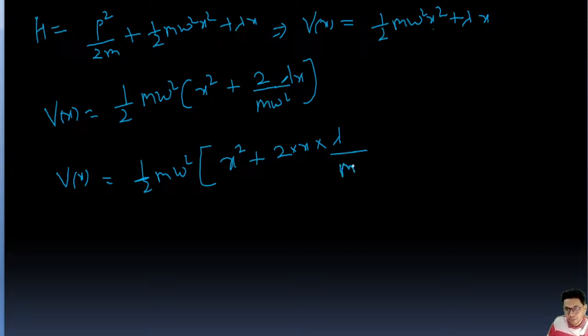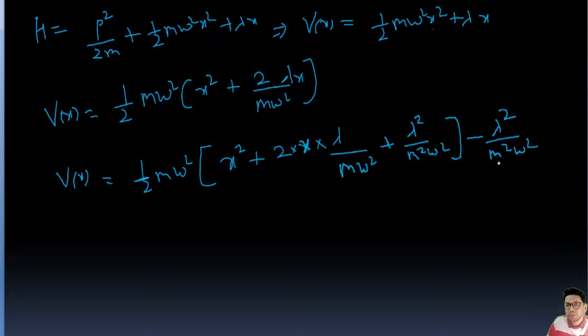So I can add lambda square upon m square omega square, that is lambda upon m omega square whole square, and also subtract it, for making a perfect square, right?